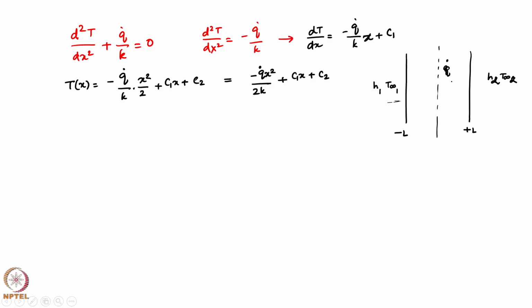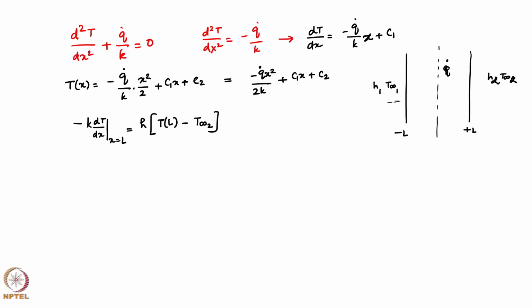So, the higher the temperature in the center, the greater is the difference between the center and the boundary. So, here I have to say minus k dT/dx at x equal to L is equal to h times T of L minus T infinity 2. This is one of the boundary conditions.